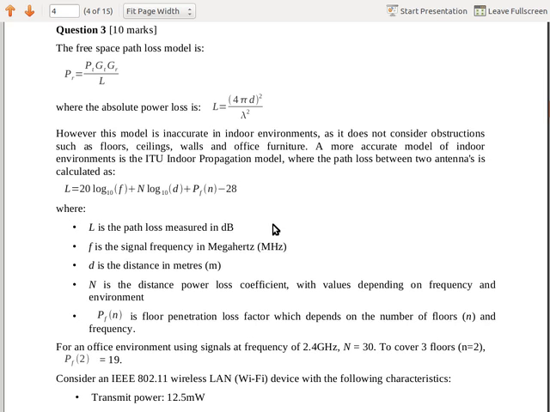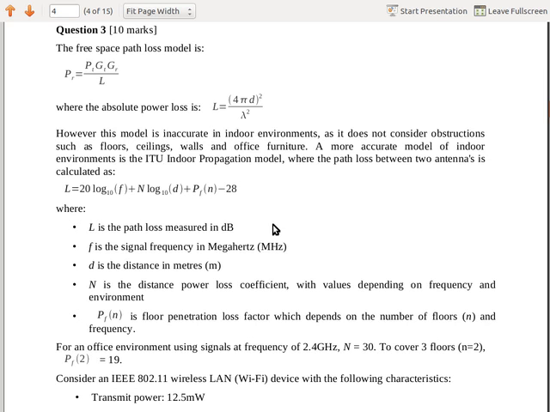As a result, if we're using decibels, we start with a transmit power. We have some gain that increases the signal strength.